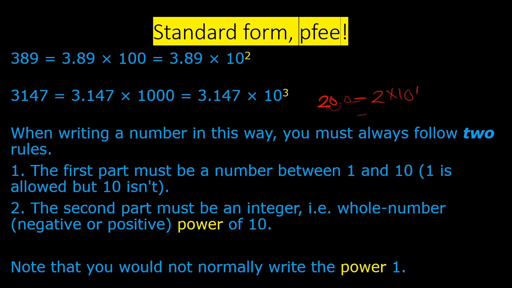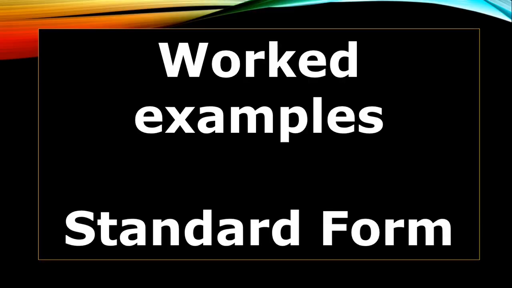It is also allowed to just leave it as 2 times 10. But for you to have more clarity and for it to be easier to remember so that you can solve any kind of problem, it is always better to include the index. Let us now move on to some worked examples in standard form.